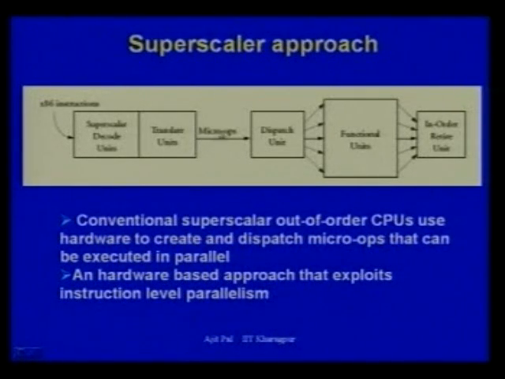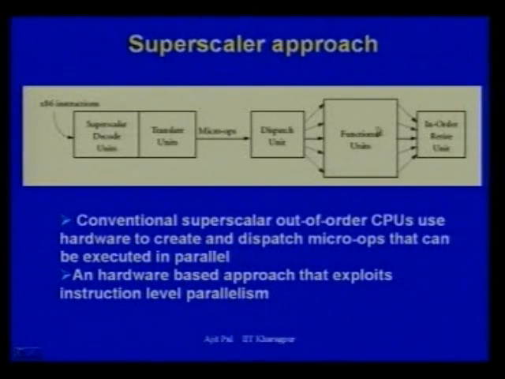And these micro operations can be executed with the help of different functional units. Since you have got a large number of operations, they are sent to the dispatch unit, and the dispatch unit sends them to different functional units. Here it may so happen that operations are done out of order.